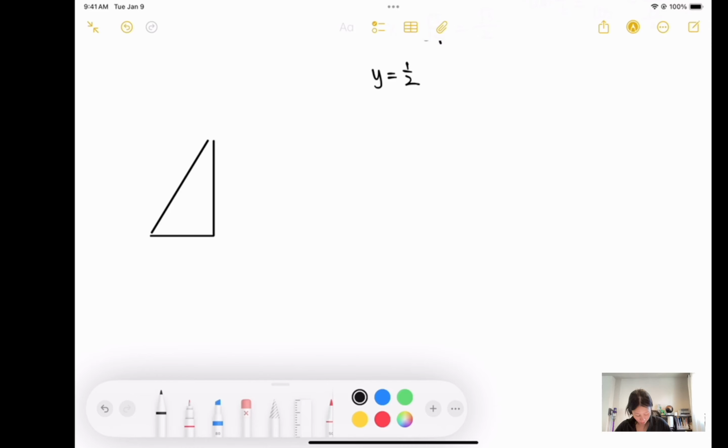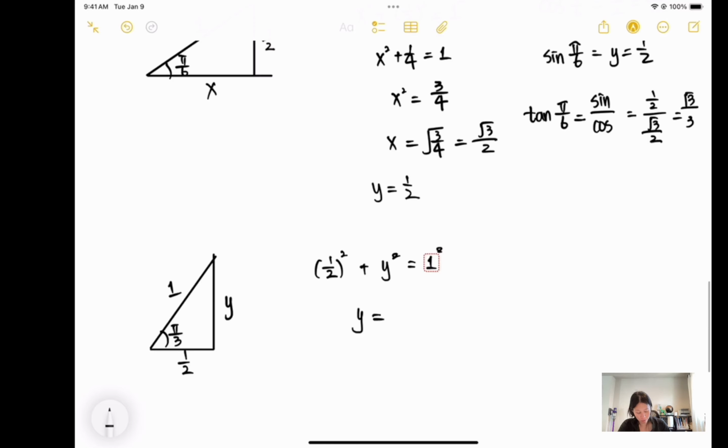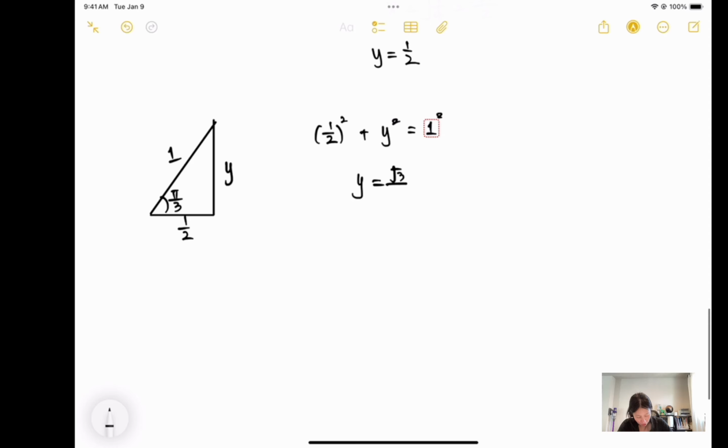All right, so now, again, we use the Pythagorean theorem to find the y value. Actually, it's the same numbers here. So we can solve for y, which is equal to square root of 3 over 2. Or you can just do it by yourself. I'm skipping the step, you can pause it and do it by yourself.